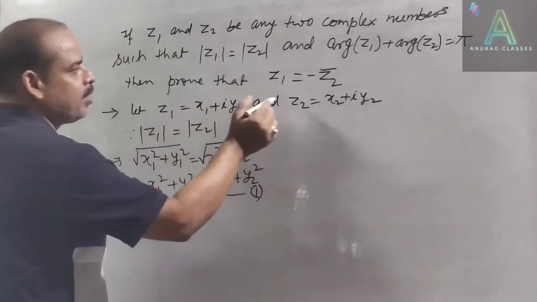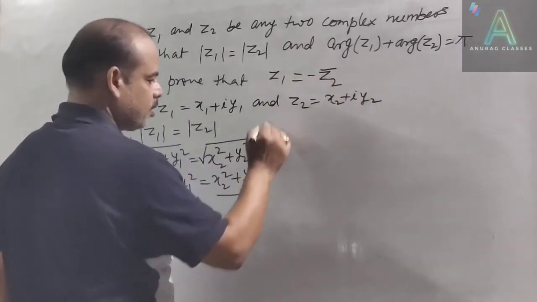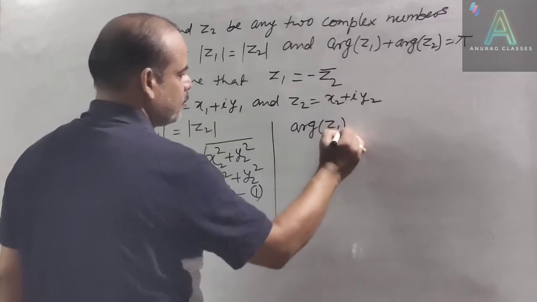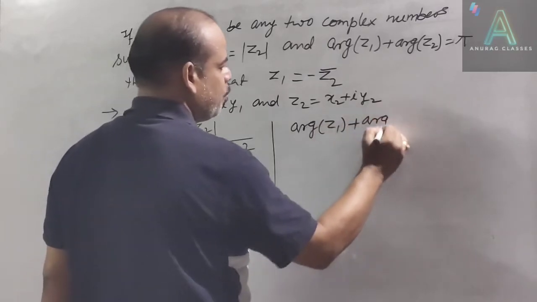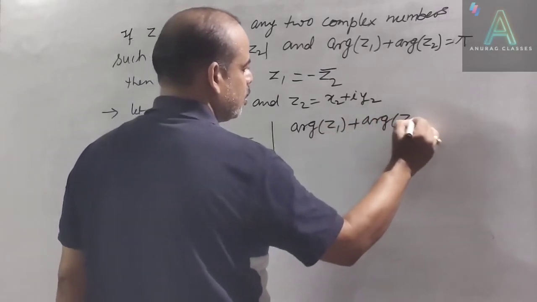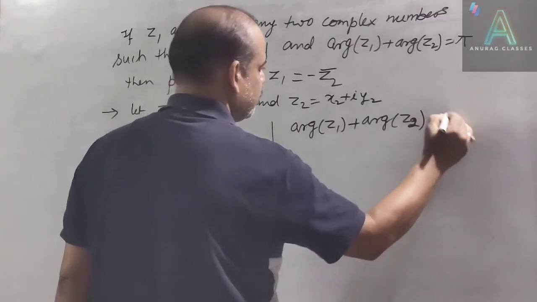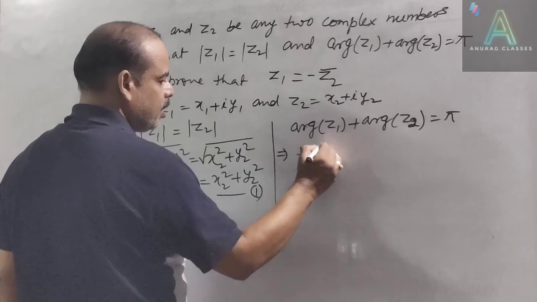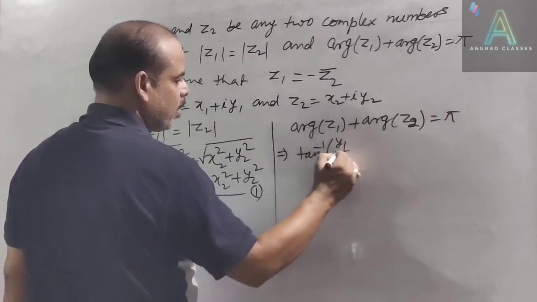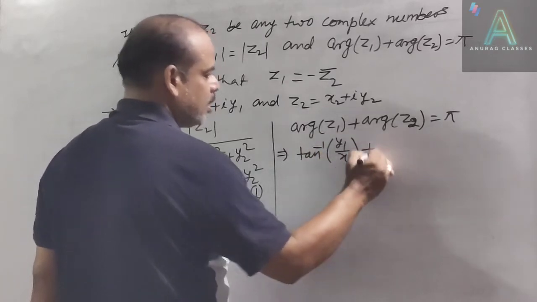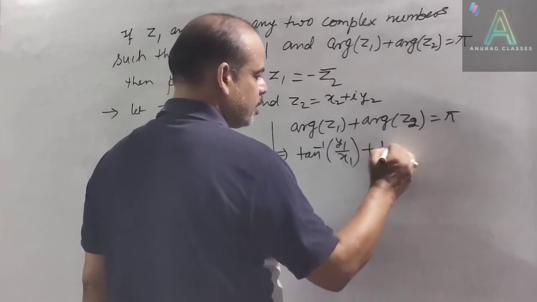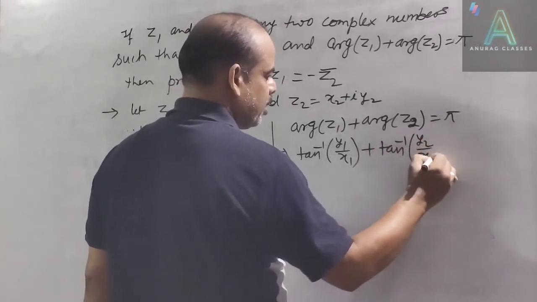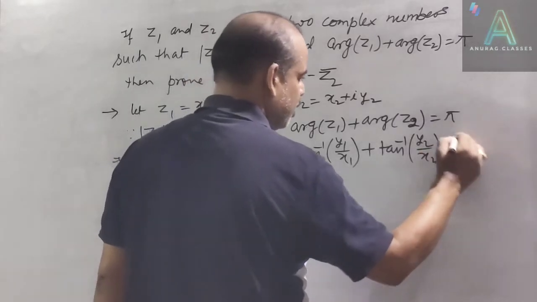Now come to the second, that is argument of Z1 plus argument of Z2 is equal to pi. So argument of Z1 is nothing but tan inverse y1 by x1 and argument of Z2 is tan inverse y2 by x2, is equal to pi.